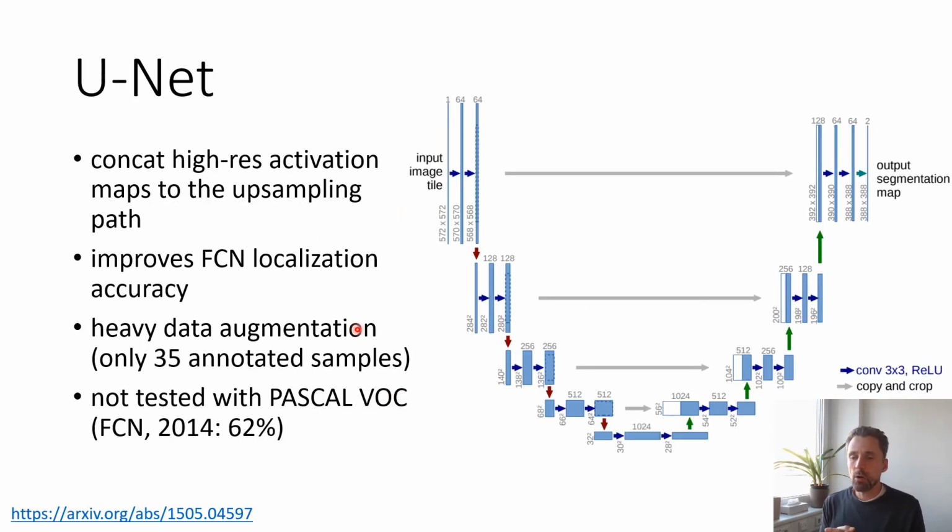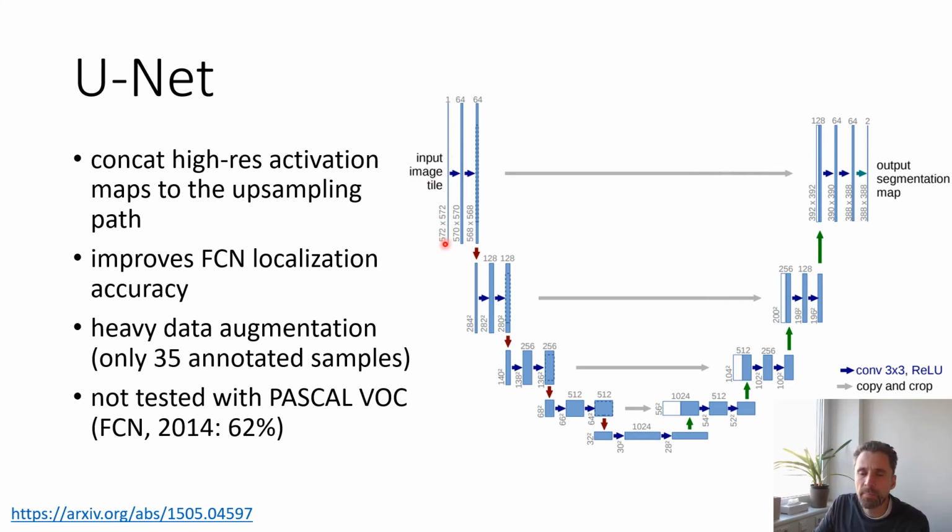UNet is now the network that I wanted to introduce you to. You are supposed to implement UNet for the assignment, and it's basically a very simple progression of, let's say, 3 main steps. The first step is what you already know, a convolution.